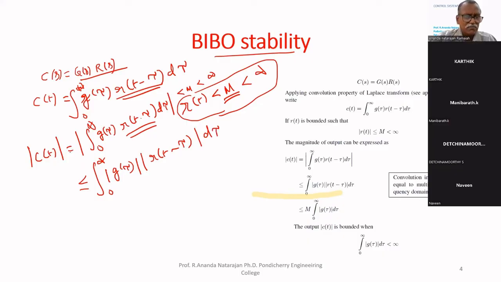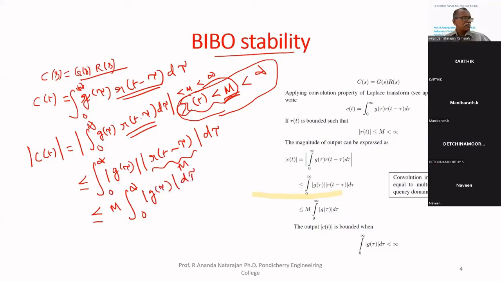This we know mathematically, from the inequality. If the modulus is broken down, it must be less than or equal to that. Since R of t is less than M, it can be replaced by M. Therefore, M times the integral from 0 to infinity of modulus of G of tau d tau.